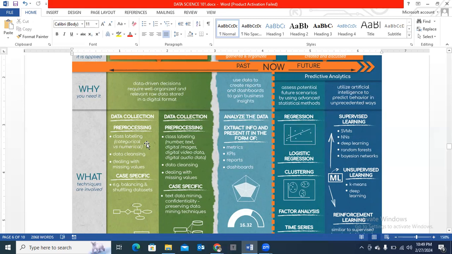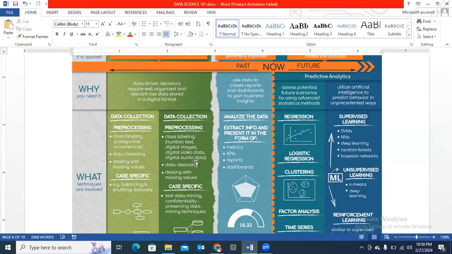You label your data, you clean your data, you deal with missing values, and in big data, you do the same. You deal with missing values, you go through it, you do data wrangling.